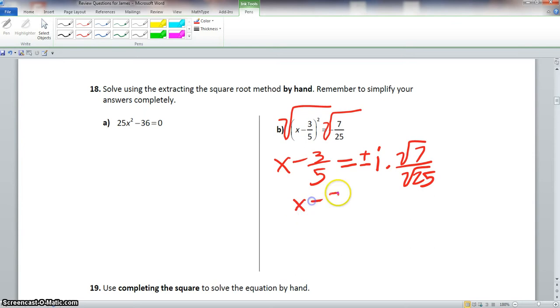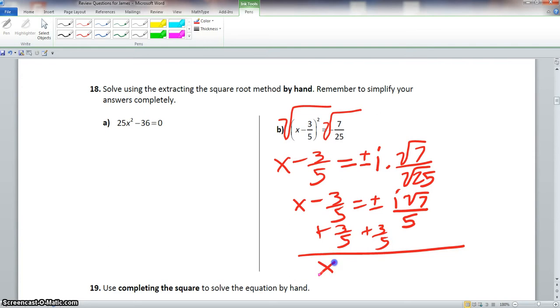So now we have x minus 3/5 is equal to plus or minus i times the square root of 7 all over, we know the square root of 25 is 5. So we will add 3/5 to both sides.